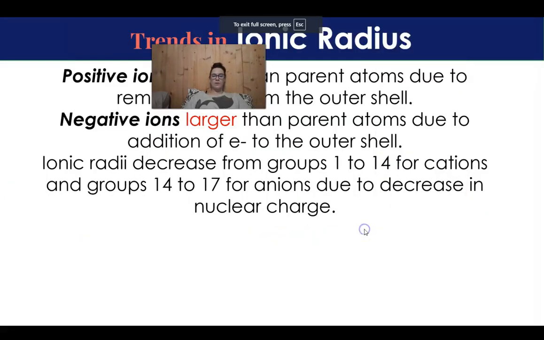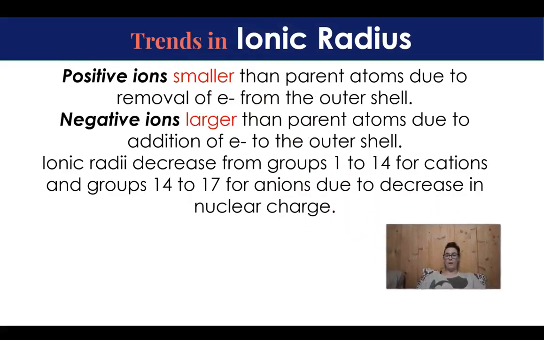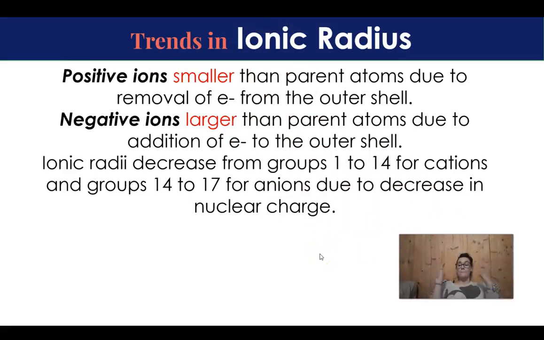So now let's talk about trends in ionic radius, because we know trends in atomic radius pretty well, but what about ions? Well, cations are positive because they have lost some electrons. So if you remove electrons from the outer shell, you no longer have the valence shell being the outer shell. Now the one underneath it is the valence shell. So the atomic radius is actually going to be smaller for cations as opposed to the parent atom.